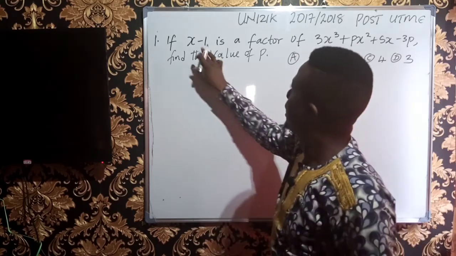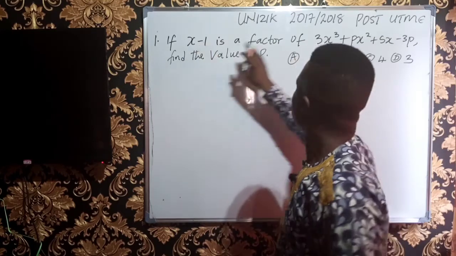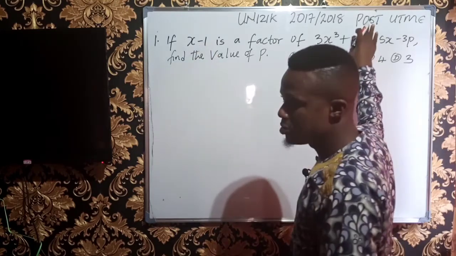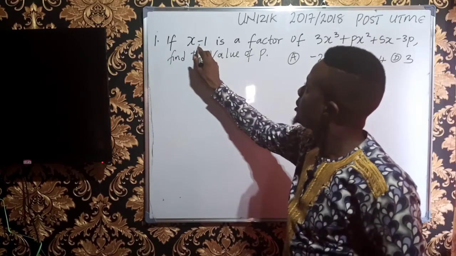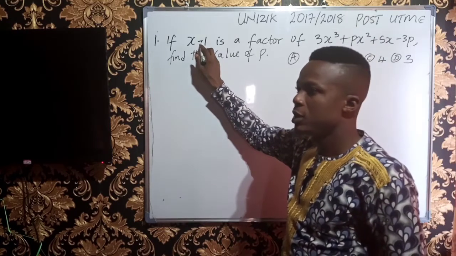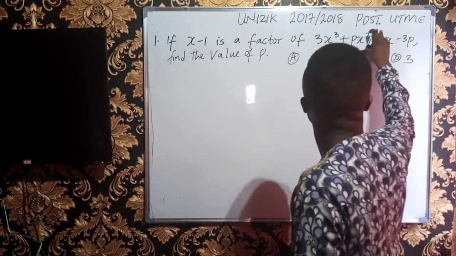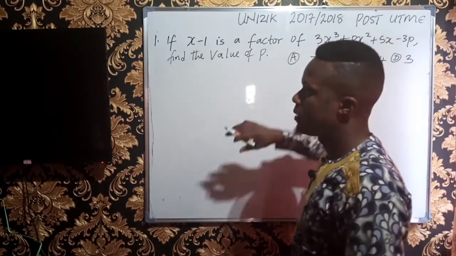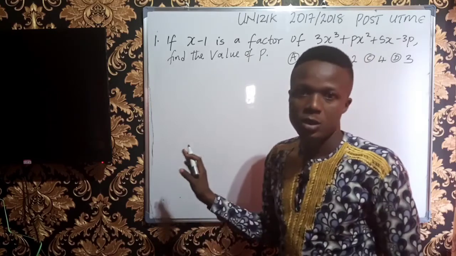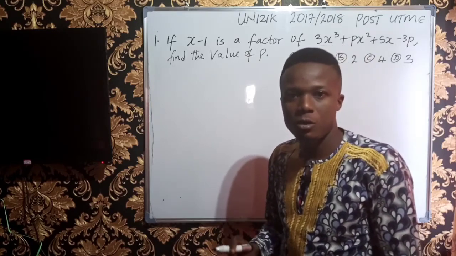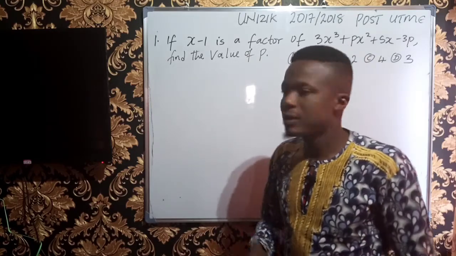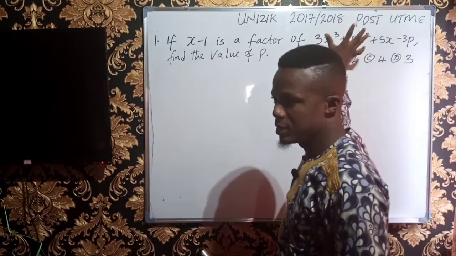If a particular expression is a factor of another of higher degree, it means that if I equate it with 0 to get a value for x and plug it into this particular polynomial, whatever it gives me must be equal to 0. That is the idea for it to be a factor. Being a factor means there is no remainder when this particular term divides this.